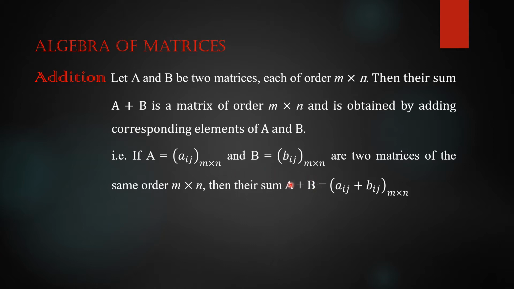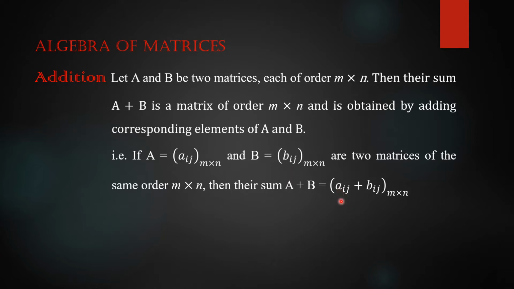Okay, so these are the two matrices A and B. Both of them have the same order m by n, and their sum is equal to the new matrix. These are elements, actually, aij and bij, elements of different positions. Since the orders are the same, the number of elements in each must be equal, and same place elements are added here.